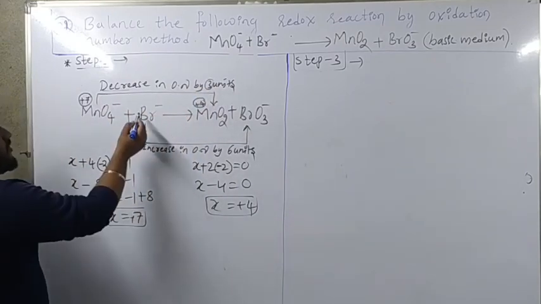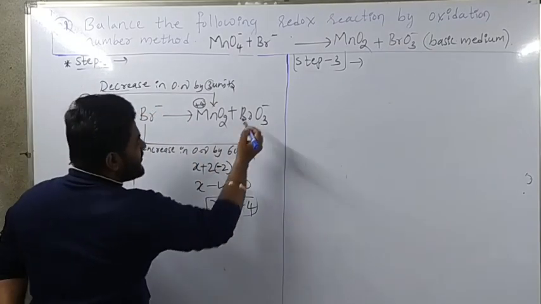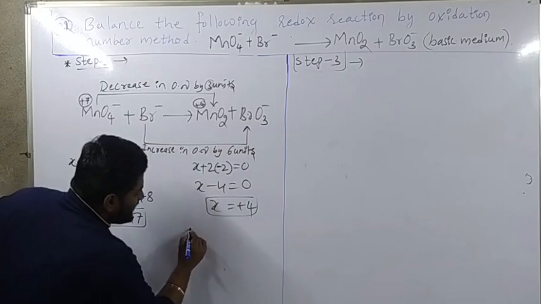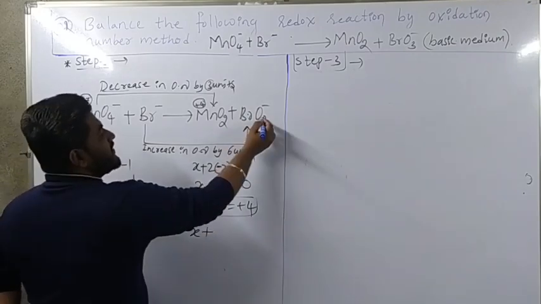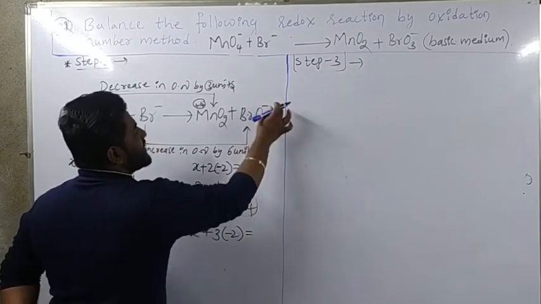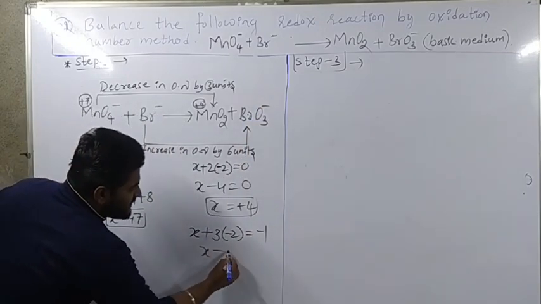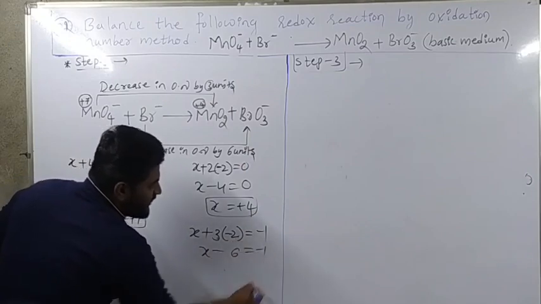3 units. For Br, they have already given minus 1. For Br here, we calculate, take Br as X. 3 oxygen atoms are there, 3 into minus 2, and the overall charge is minus 1. X plus 3 times minus 2, that is minus 6, equals minus 1.